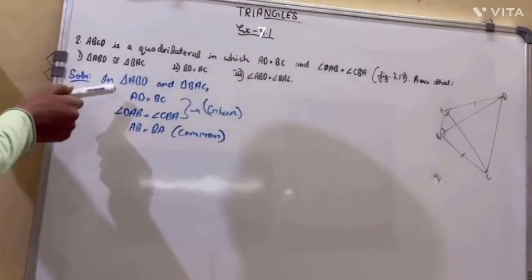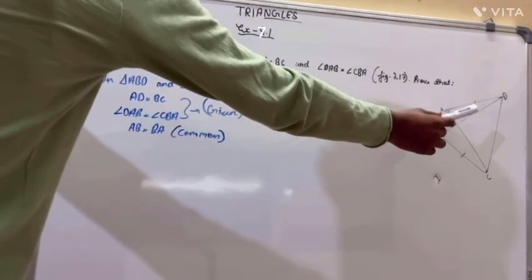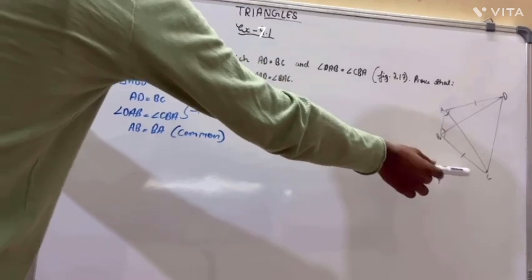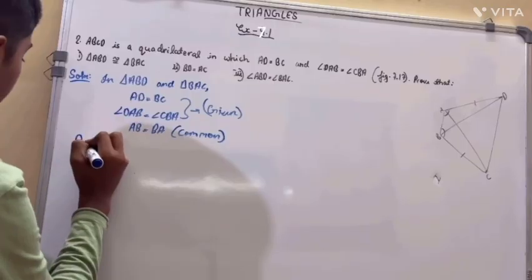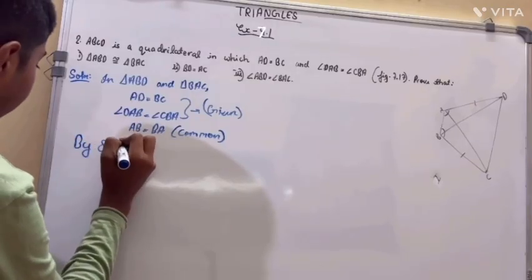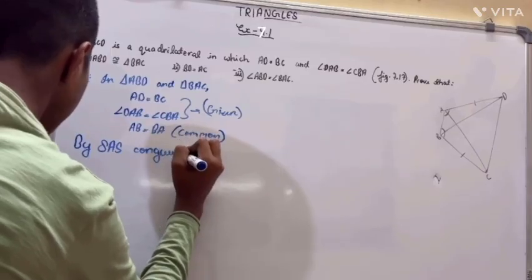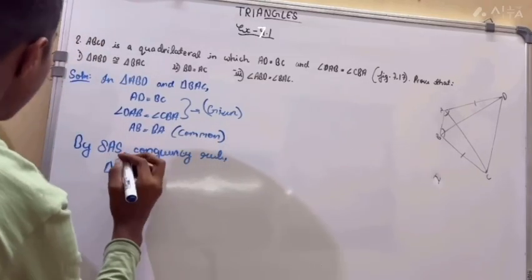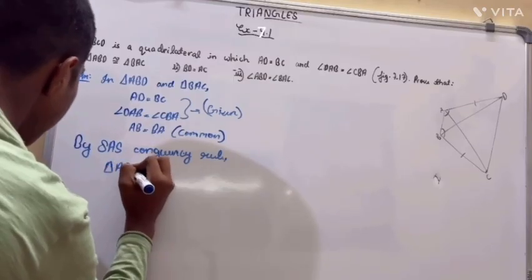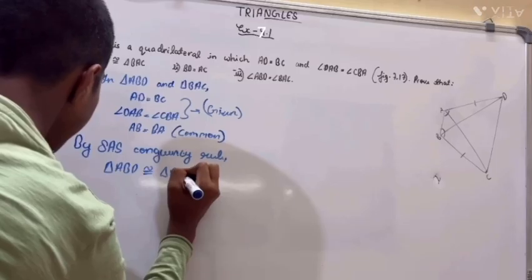What do you see? Side angle side. So by side angle side congruency rule, triangle ABD is congruent to triangle BAC.